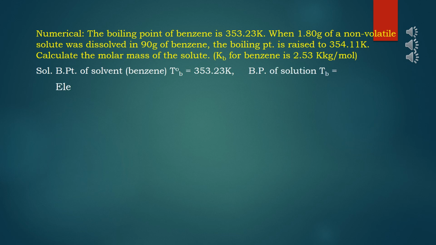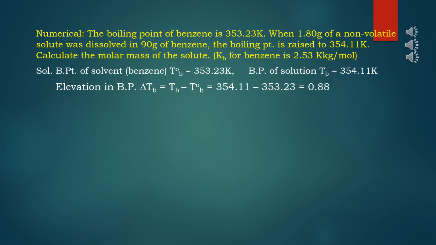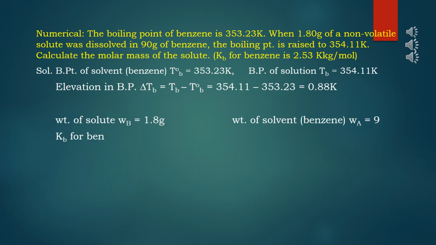So the elevation in boiling point delta Tb, which is Tb minus Tb naught, comes out to be 0.88 Kelvin. So weight of solute is given 1.8 gram, weight of solvent 90 gram, Kb for benzene is 2.53 Kelvin kilogram per mole.